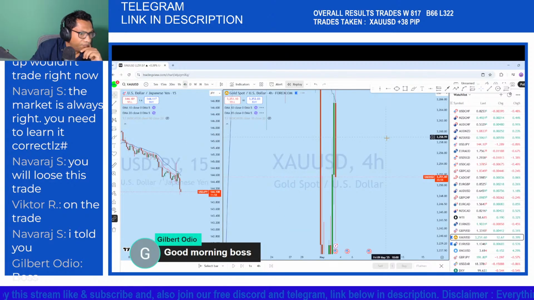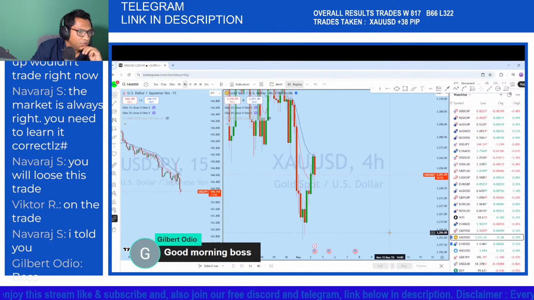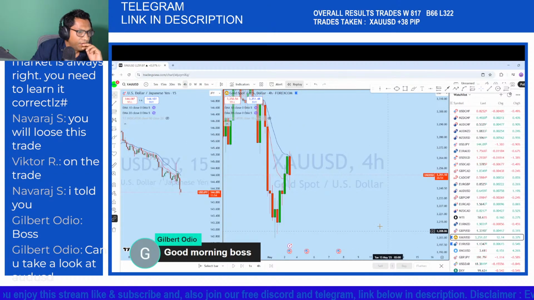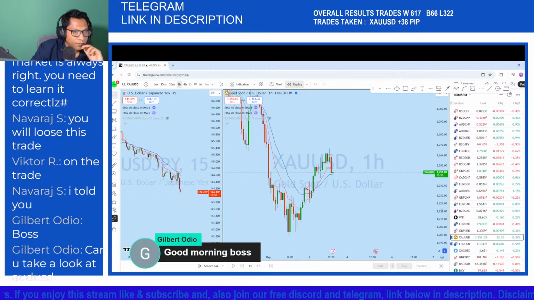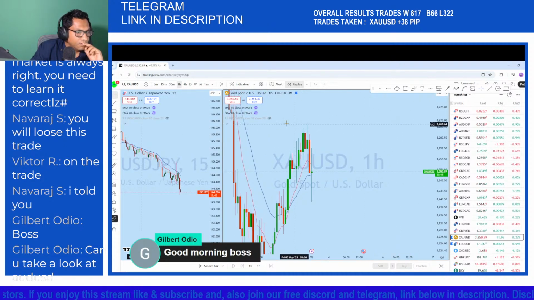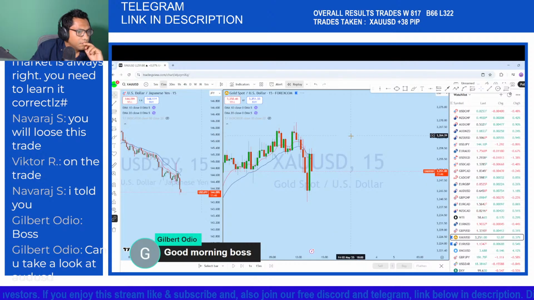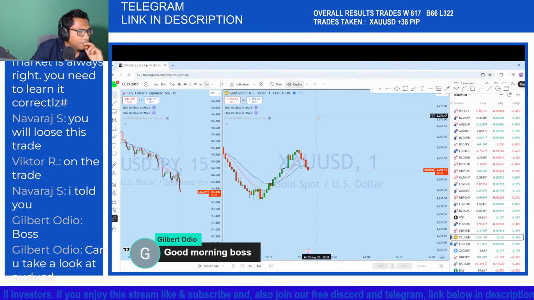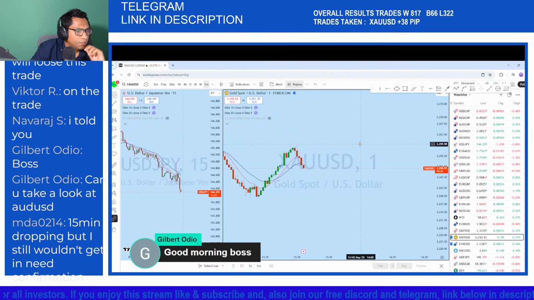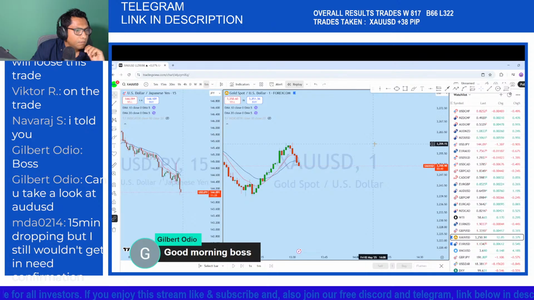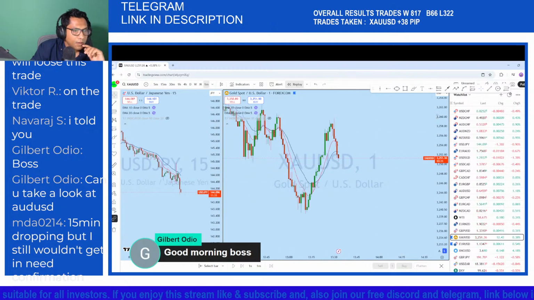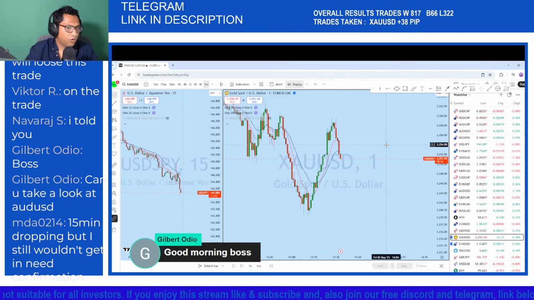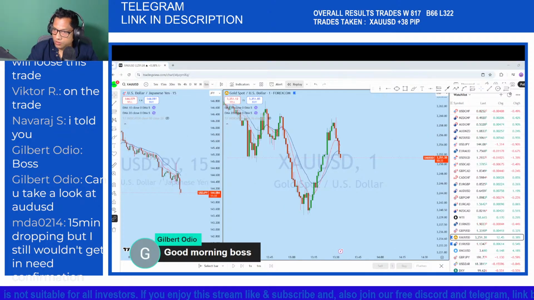Looking at the 4-hour chart here, it just got a rejection from the top before the candle close. So the 1 hour, we'll be waiting for that one to see.